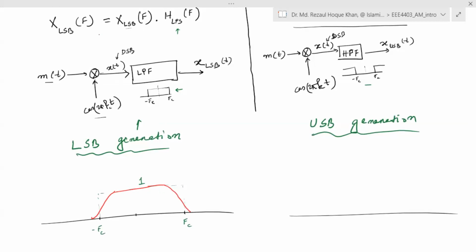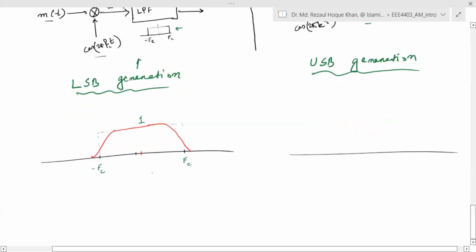This point is not the midpoint, let's say here is the midpoint to make it look nice. So this is the pass band for this low pass filter.